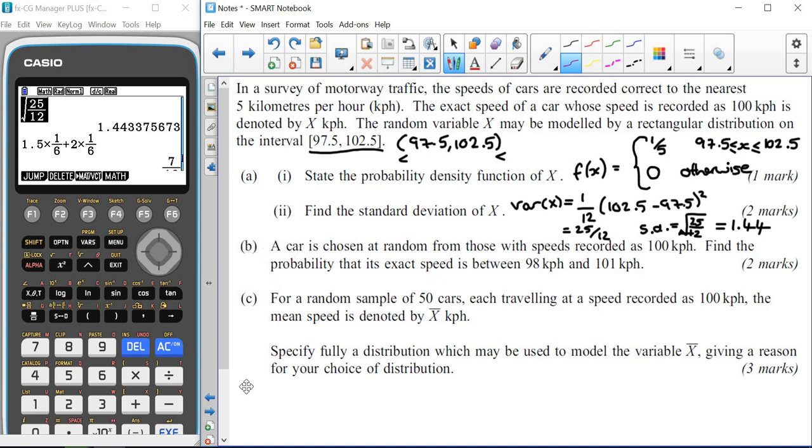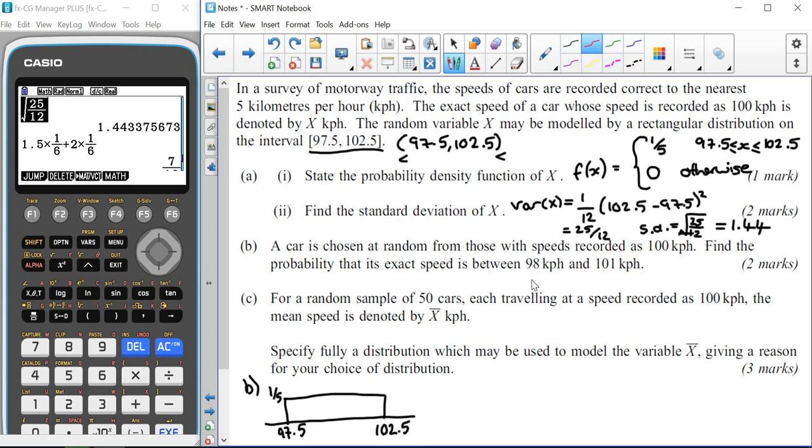So the best way to do this one is to give ourselves a little diagram like we did with the other questions. So we're going to have our rectangle, which remember has a height of a fifth and is going between 97.5 and 102.5. And this is where we shade in the area that we're actually interested in.